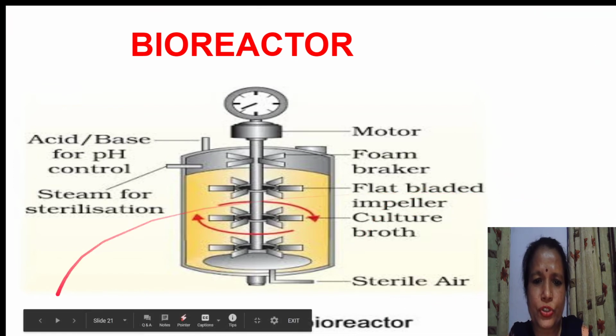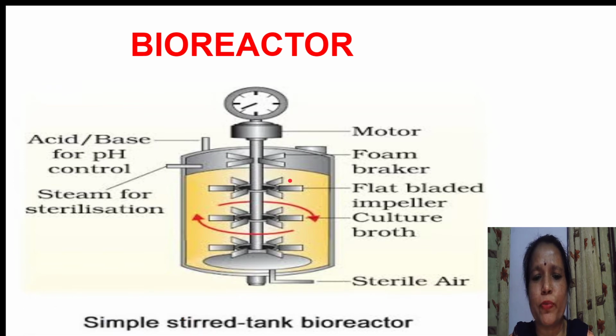And three-fourths of the bioreactor is filled with the nutrients, to which a small amount of inoculum, that is the transformants with the desired gene, is added, and they will multiply when they get all the suitable conditions inside it.